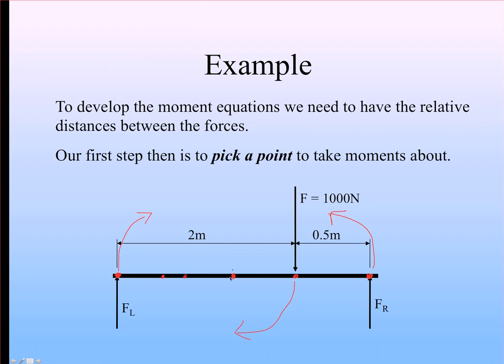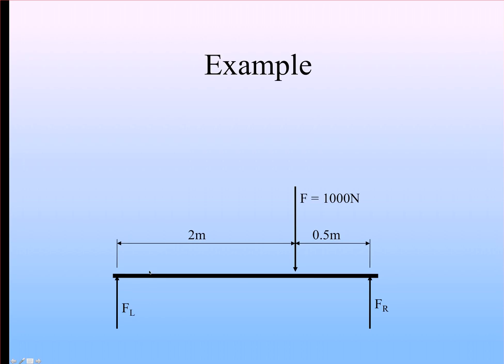All right, since we can pick any point along this beam about which to take the moments, that is to say we can pick any point along this beam to act as a theoretical rotation point, let's arbitrarily pick one and work from there. Doesn't matter which one we pick, but if we pick this one or this one or this one, then our calculation is simplified. So let's choose this point.